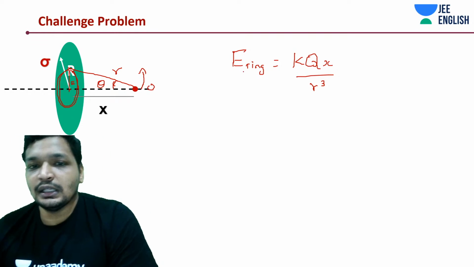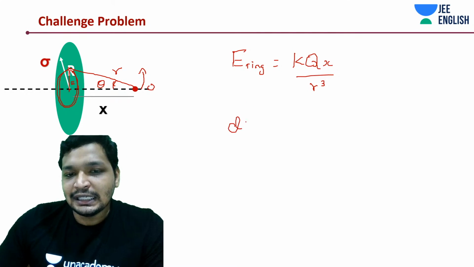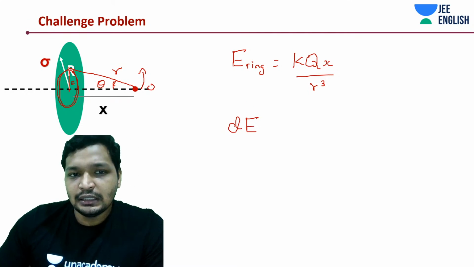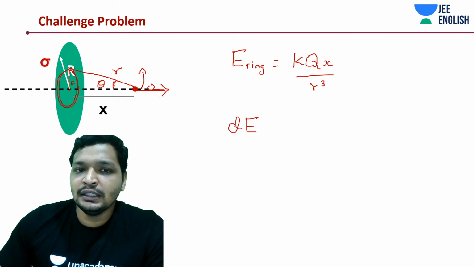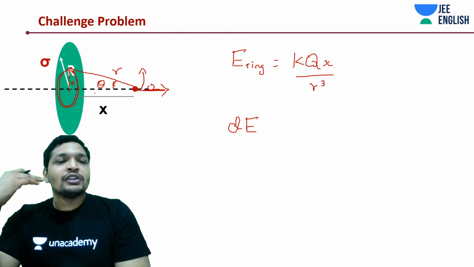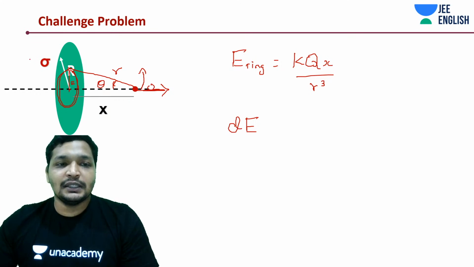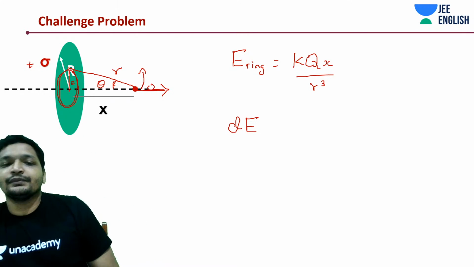Now I can say the dE due to this ring will again be in the x direction only. Due to this entire disk, it will be in the positive x direction if this was plus sigma, else it would be the other way around.